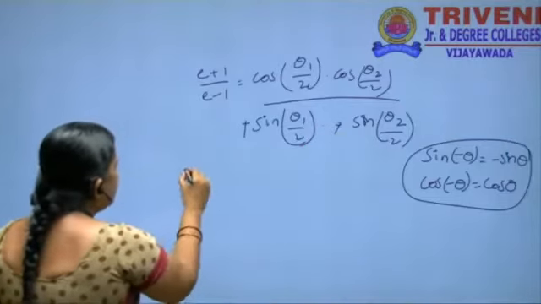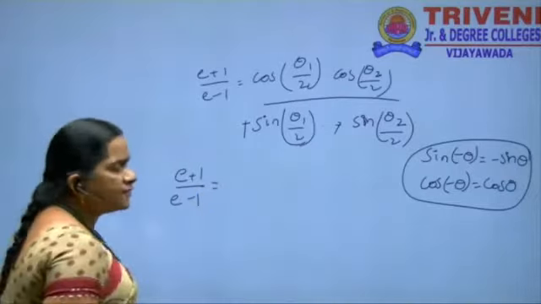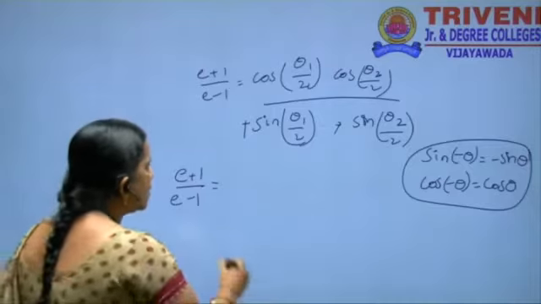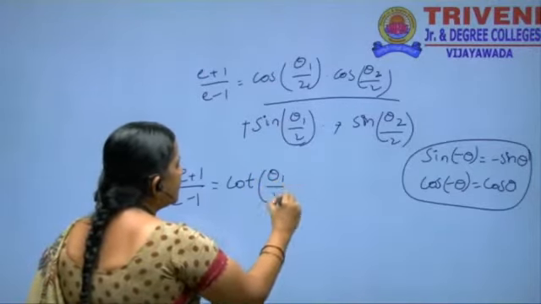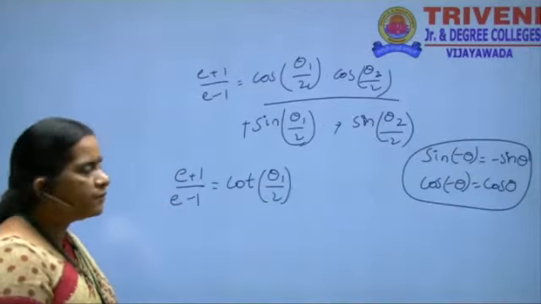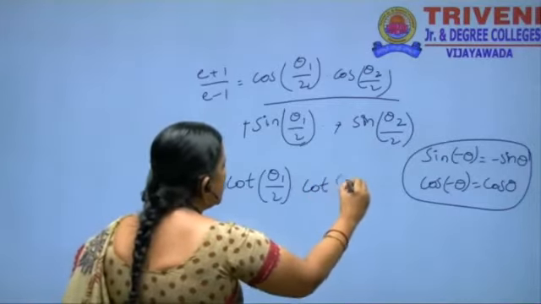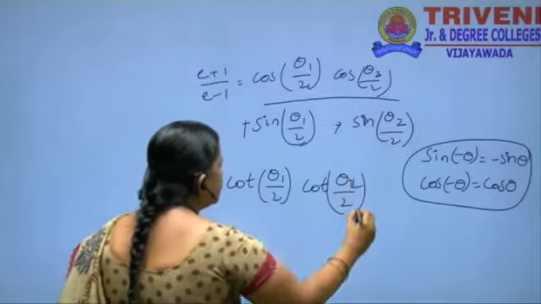Then (e plus 1) by (e minus 1) is cos of theta 1 by 2 by sine of theta 1 by 2, which is cot of theta 1 by 2. Here also cos of theta 2 by 2 by sine of theta 2 by 2 is cot of theta 2 by 2. This is the second bit.